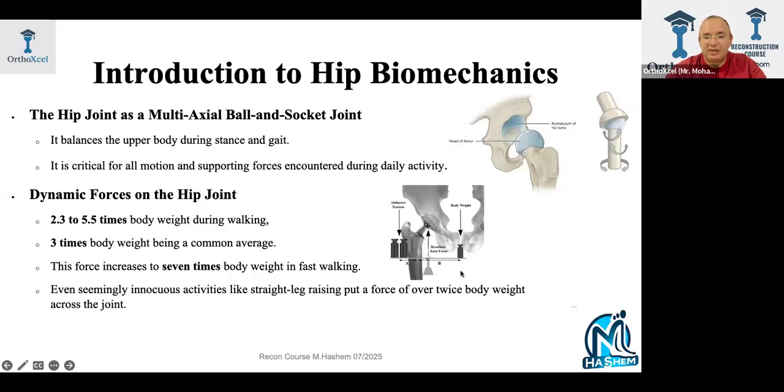So the body weight is exerting stresses along this line of action, and the abductors are tensioning and exerting stress from the other side on the same line. This is going in a clockwise direction, and this is going in an anti-clockwise direction. That's why when you stand on one leg or you're walking, your pelvis is maintained in equilibrium. And you need to have these forces equal for your pelvis to remain stable over your hip.